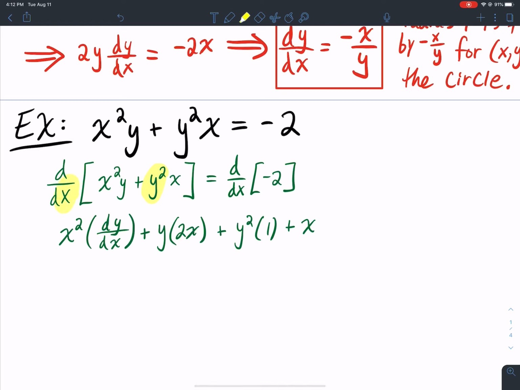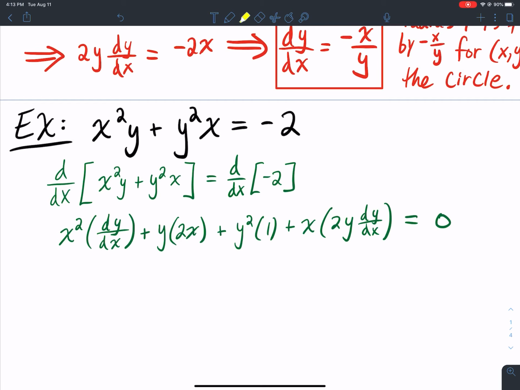Remember, I'm taking it with respect to x, so that means I have to treat y like a chain rule since I don't know what it is. So it's something squared. The derivative of something squared is 2 times something, 2 times y, times the derivative of the something, that's dy/dx. And then this is equal to the derivative of negative 2, which is a constant, and that's equal to 0. Okay?